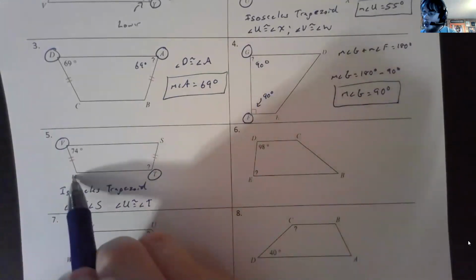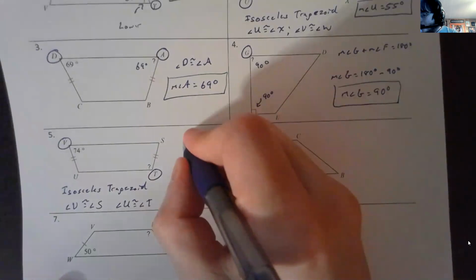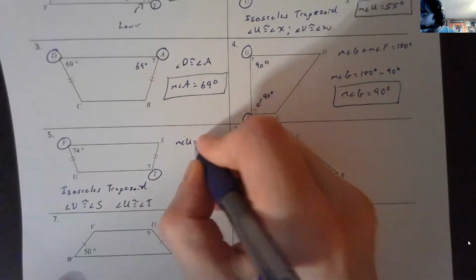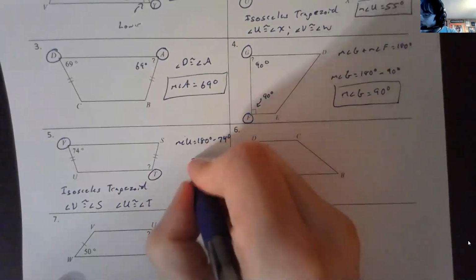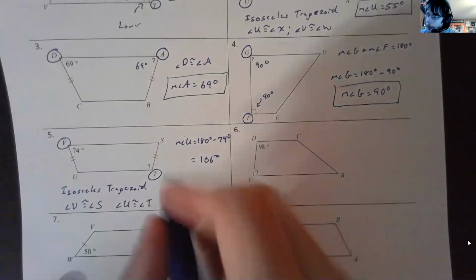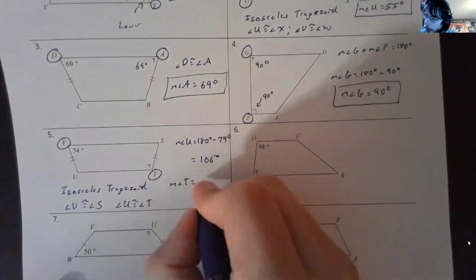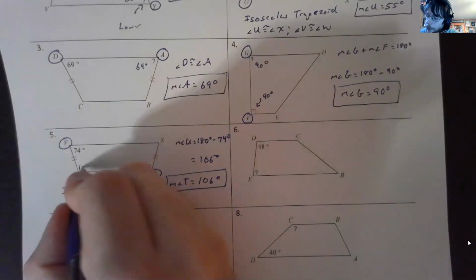Angle U and angle V form a supplementary pair, so angle U has to be equal to 180 minus 74, which is 106 degrees. Since angle U and angle T are both upper base angles, angle T must also equal 106 because they are congruent.